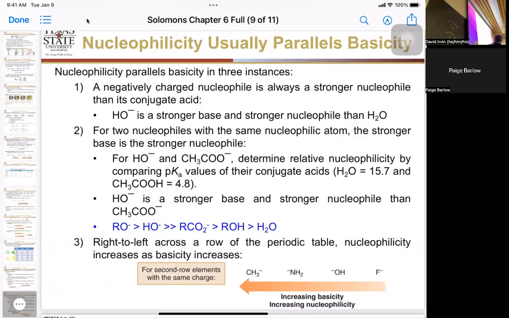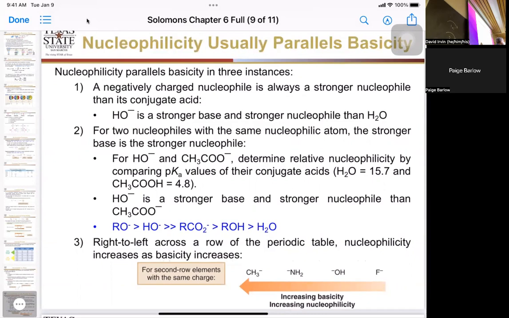So let's look at this series here. RO minus, deprotonated alcohols, pKa just slightly higher than water, are stronger nucleophiles than hydroxide, which are much, much stronger than acetate, which is much stronger than the neutrals, because the neutrals have to lose a proton at the end. That means that as we go out here, increasing basicity will increase nucleophilicity.